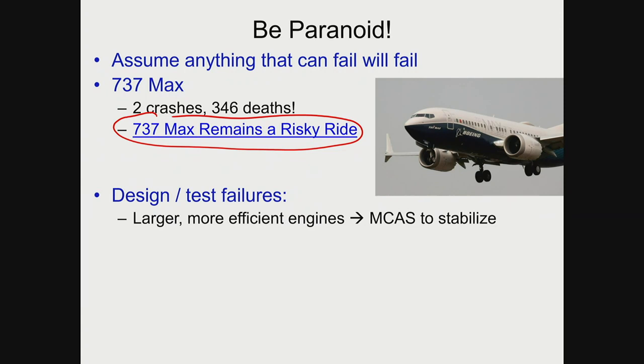One way you can deploy those is to design an entirely new airplane where you shift where the wings are on the fuselage, and the larger engines fit. Boeing didn't want to do that because it takes literally many billions of dollars and many years, and they didn't want to fall behind their competitors.